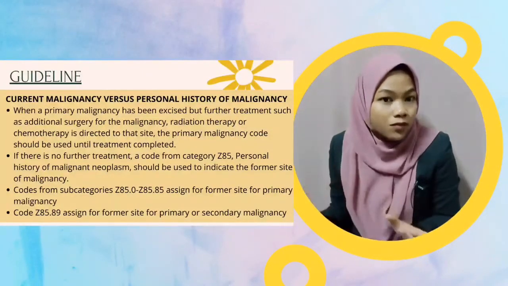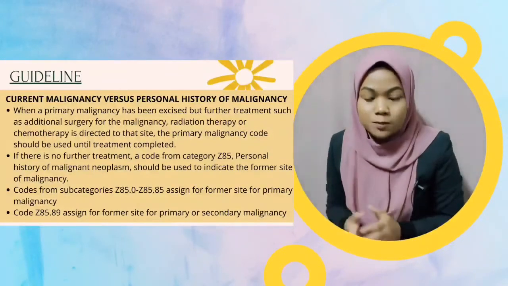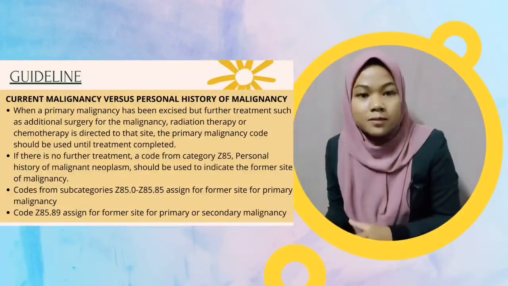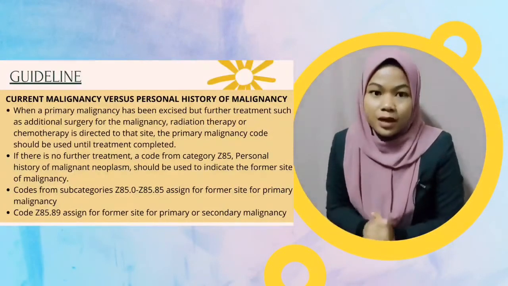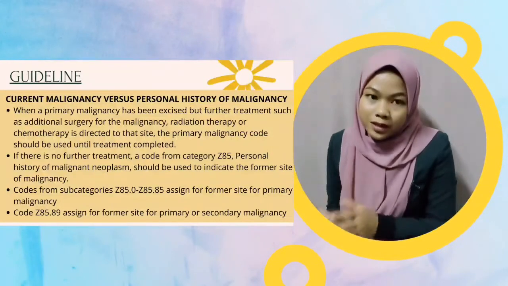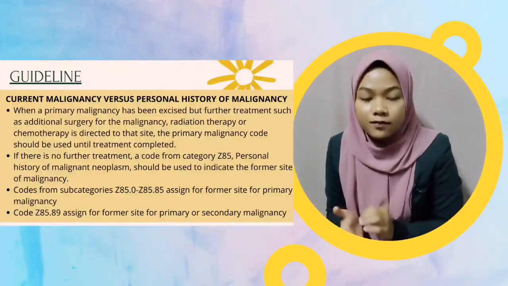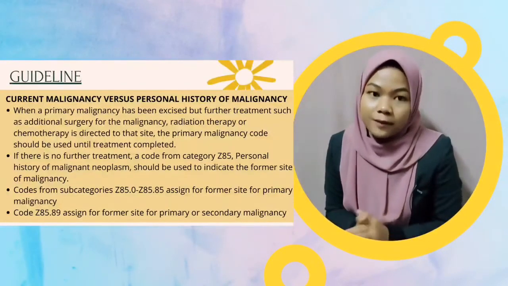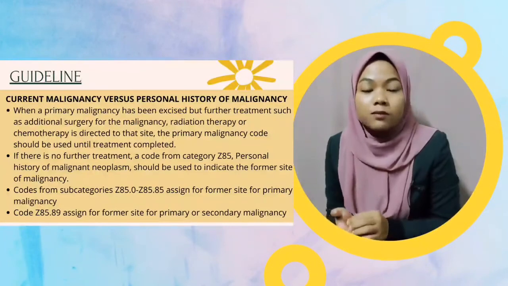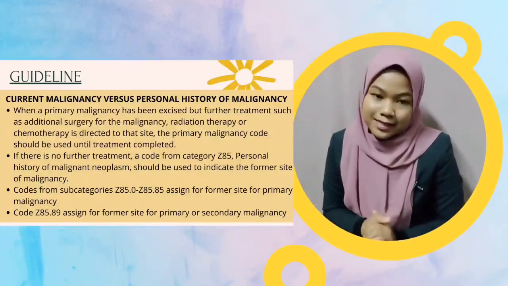However, if there is no further treatment, a code from category Z85, personal history of malignant neoplasm, should be used to indicate the former sites of the malignancy. But the codes from subcategories Z85.0 until Z85.85 are assigned for the former sites of primary malignancy only. Code Z85.89 can be assigned for either primary or secondary malignancy.